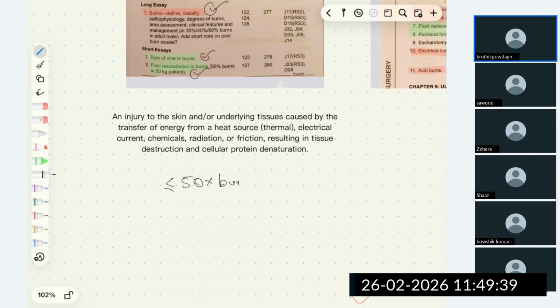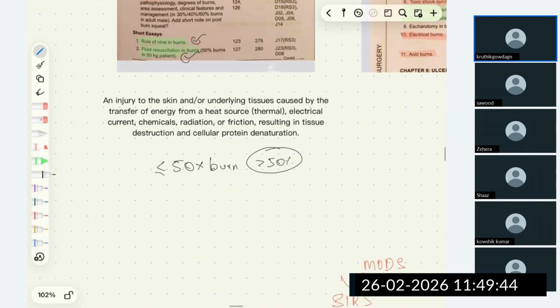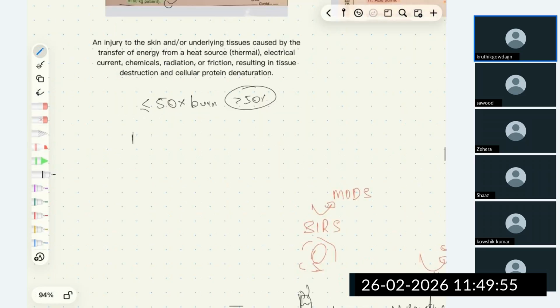So if the examiner gives more than 50% burn, then what is the fluid management? Let's also have another formula in our bucket list so that we don't miss the question. That is the Muir and Barclay regimen. That is for colloid after 12 to 24 hours.